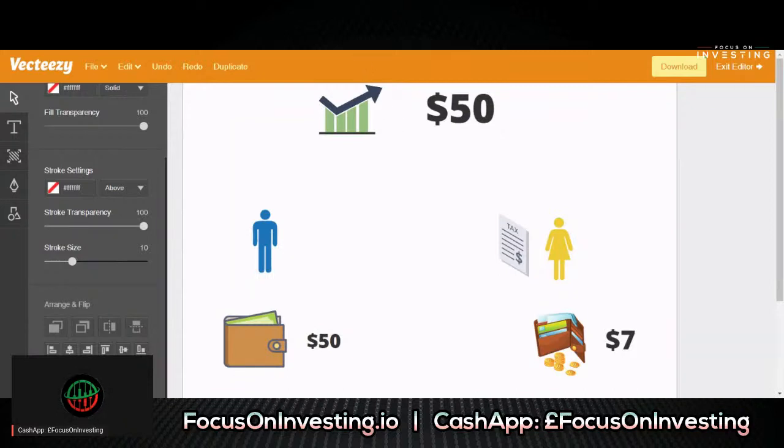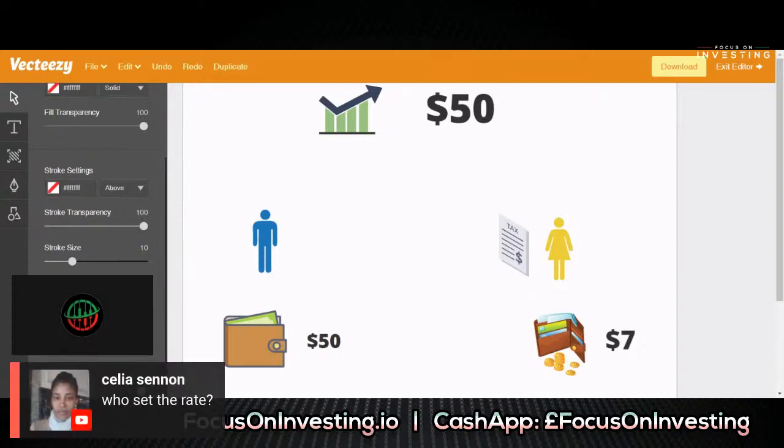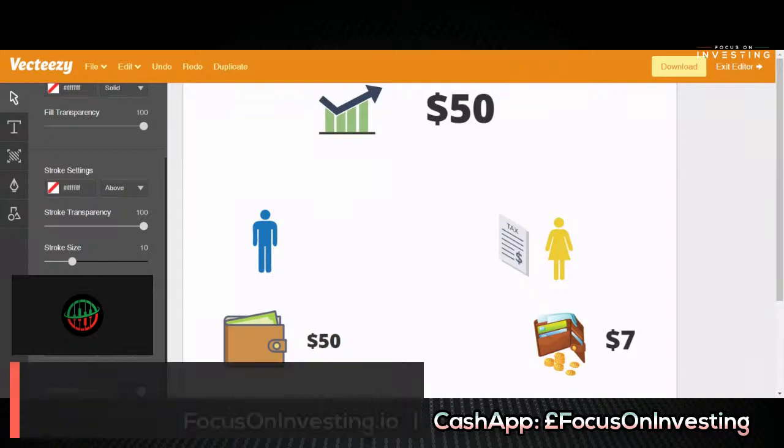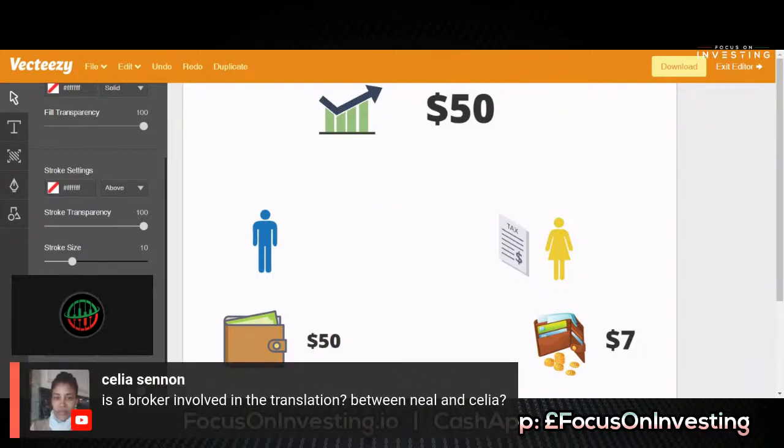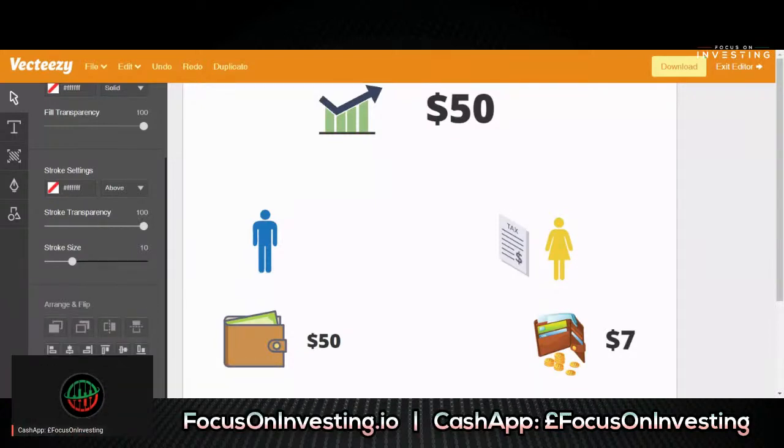So Celia asked the question, who sets the rate? It said, is a broker involved in a transaction between Neil and Celia? Yeah, so I'm just using Celia as an example, but in this example, Celia would be the broker, right?